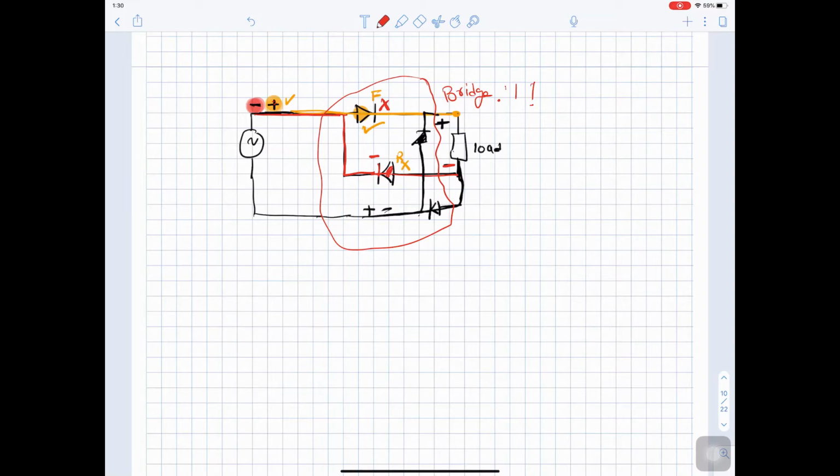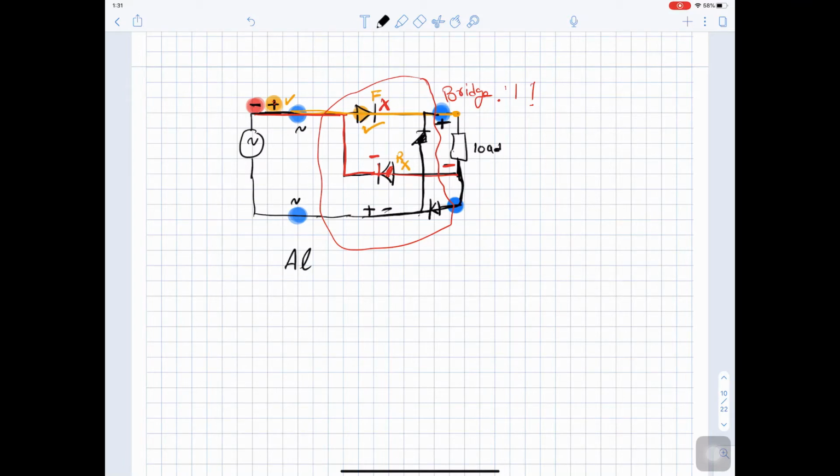So as you can see, the bridge has 4 main terminals: 1, 2, 3, 4. So these are the terminals for the bridge. This side of the bridge is AC. That's why we can give it the symbol AC.